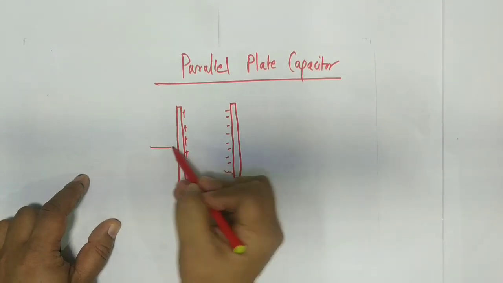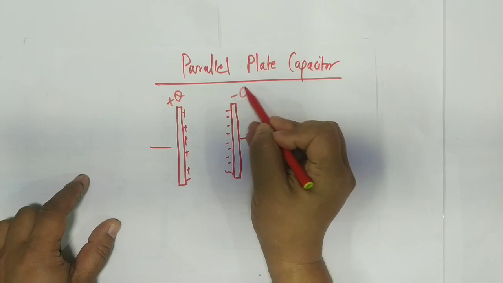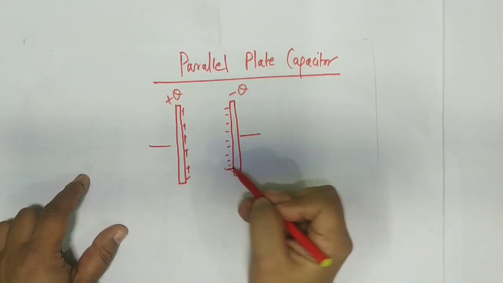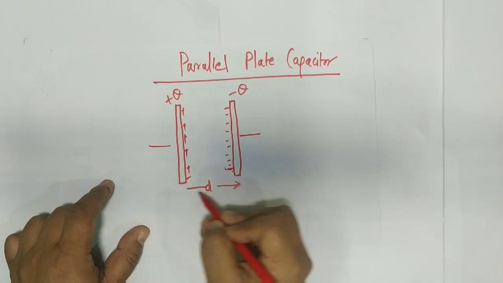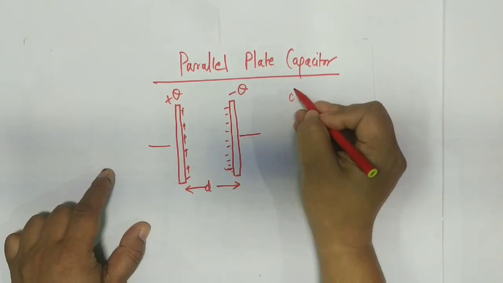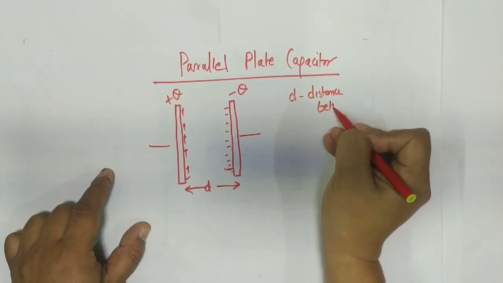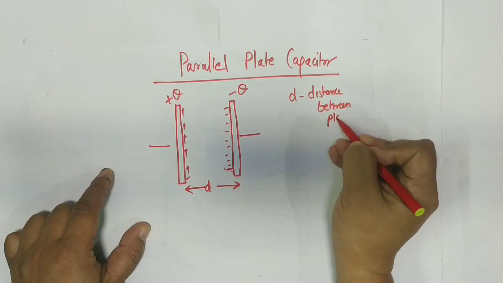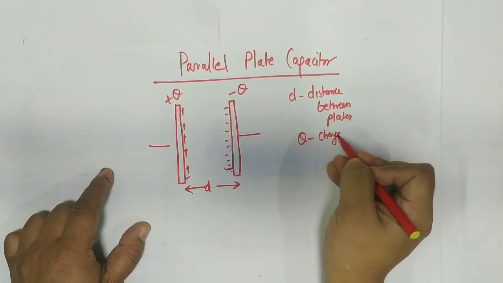This has positive Q, so this will be having negative Q. And there is a distance between the plates, so d is the distance between plates. Q is charge on plates.